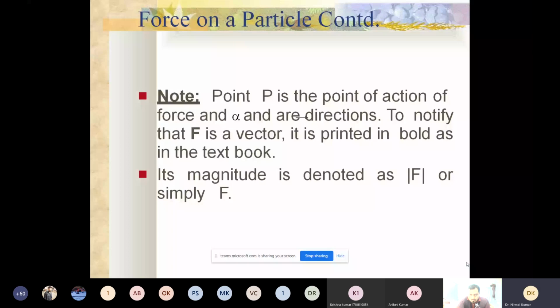Here P is the point of application of force, and alpha is the direction of force. The vector F will be written as bold F, and the magnitude of this force is denoted as mod F, or simply F.